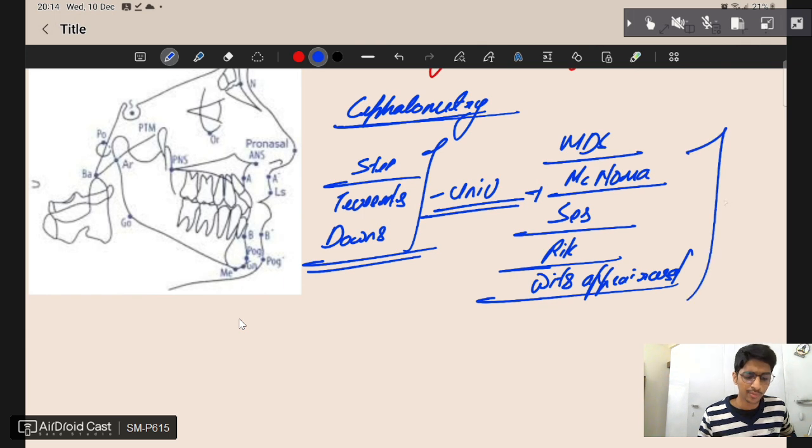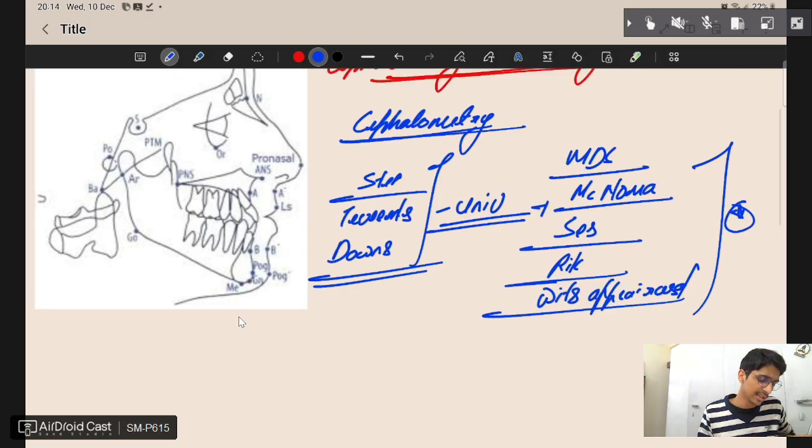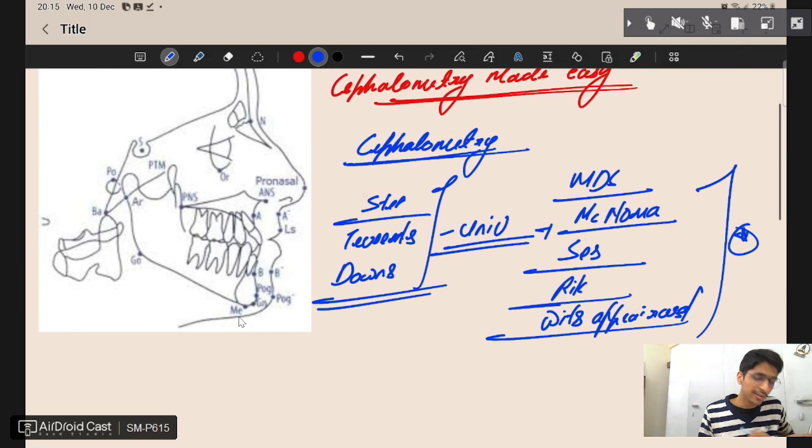We have to focus on the important terms and points, but we need to have a very thorough knowledge about these three analyses. We will be majorly discussing these three in detail, so your whole cephalometrics will be covered in this only.